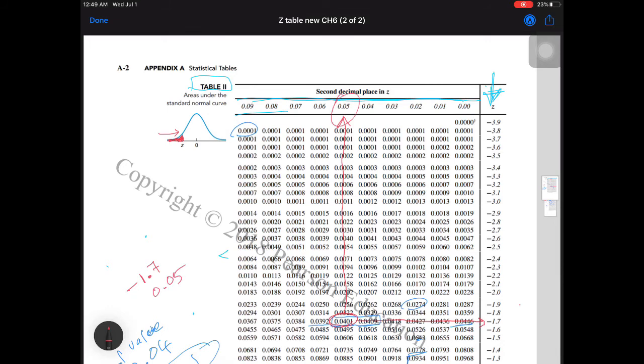Forget about the sign, just add the values and finally put the sign. So your Z score is negative 1.75.